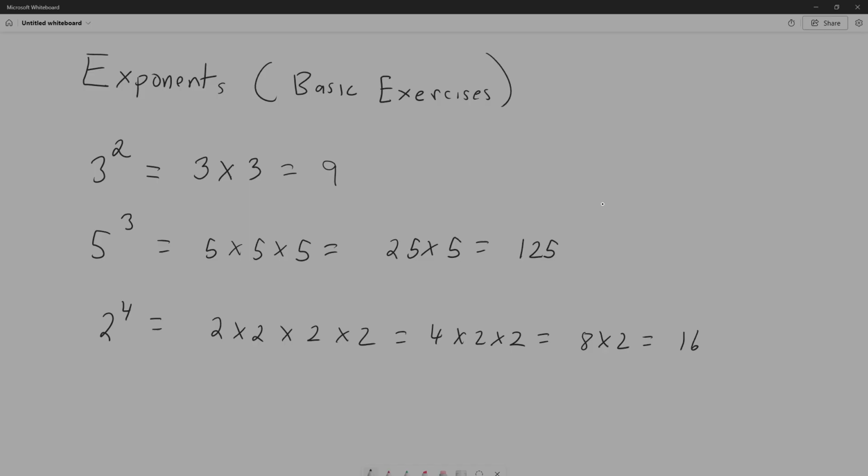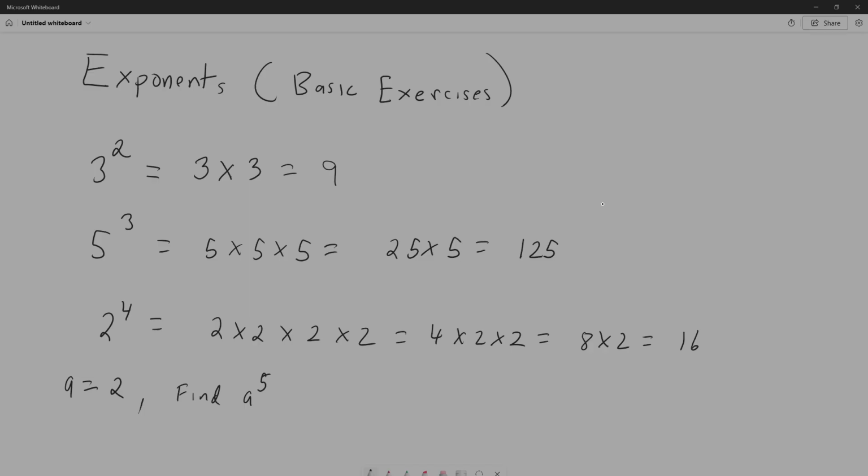So now let's say they give us that a is equal to 2, and we need to find a to the 5th.